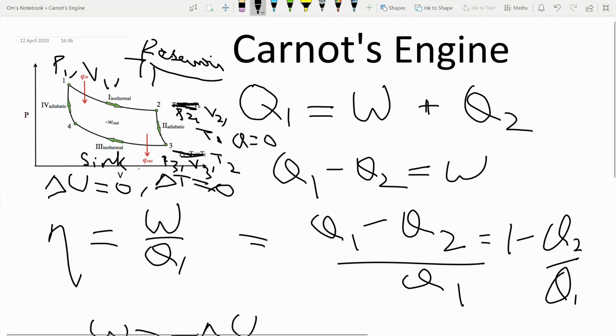So this sink over here, no matter how much heat energy you give to it, its temperature will remain constant. So similarly speaking, since the temperature is T2 over here, the temperature will also remain T2 over here, and I'm also going to write P4, V4 and T2.